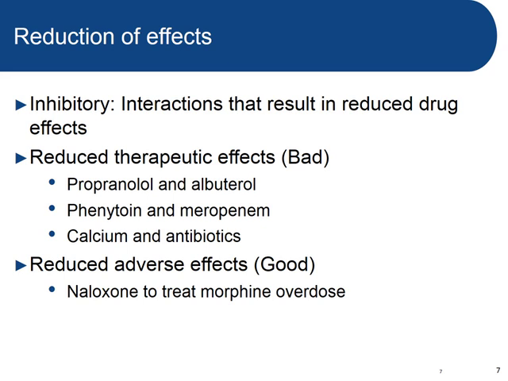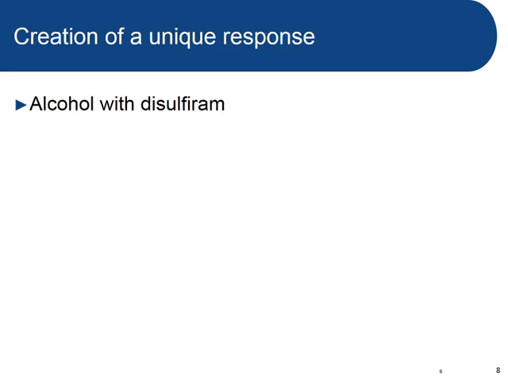These two drugs act at the same receptor, and naloxone blocks those receptors, while morphine activates those receptors and causes decreased response to pain, but can also cause respiratory depression. So when we give naloxone along with morphine, it can decrease or reverse respiratory depression that the patient is experiencing. And I already explained the situation of using alcohol with disulfiram.